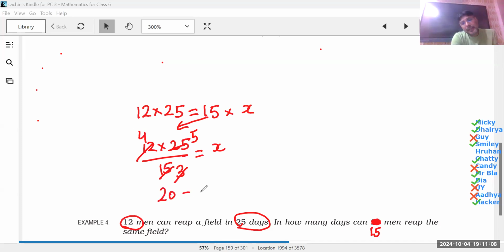So X will be equal to 20. Candy, Ruhan, what's the problem? Sir, got it. Yes.